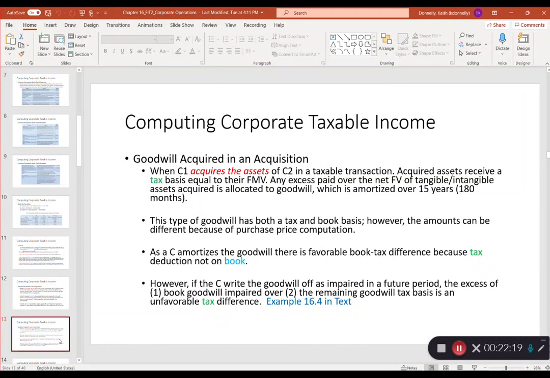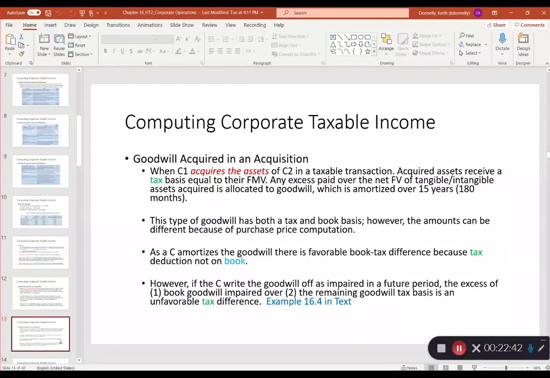Likewise, if we acquire the assets of another corporation, for books and tax, we're going to have a difference. So for tax, acquired assets receive a tax basis equal to their fair market value. Any excess paid over the net fair market value or fair value is going to be allocated to goodwill, which is amortized over 15 years.